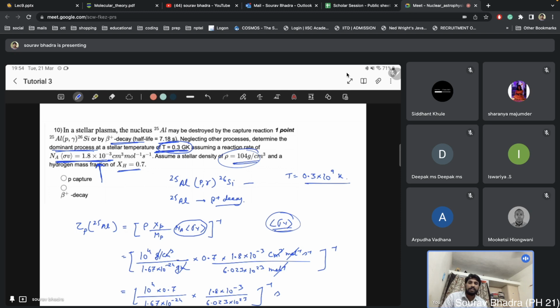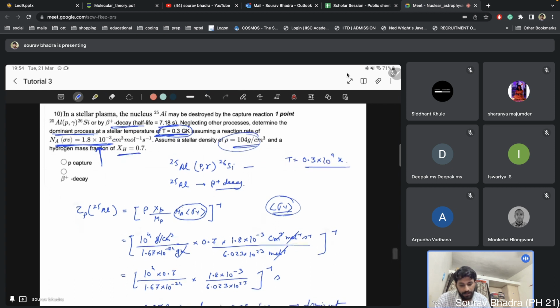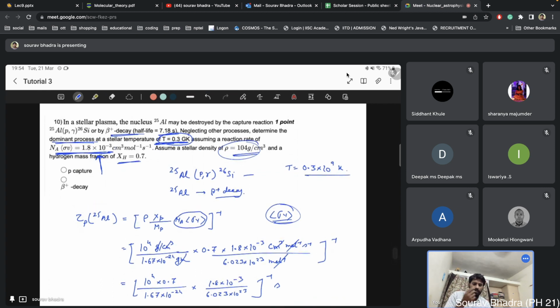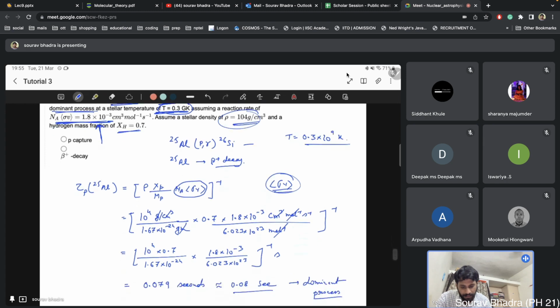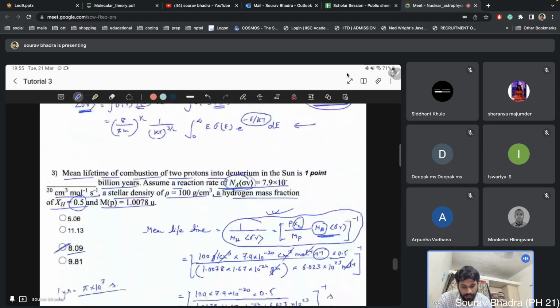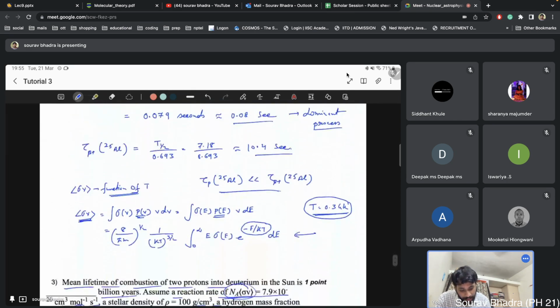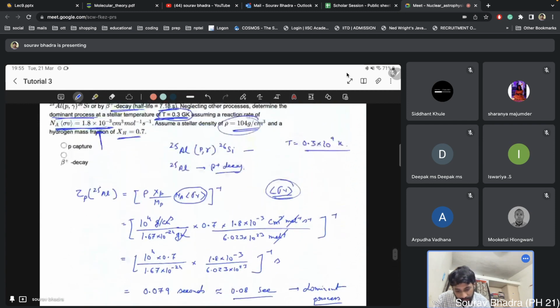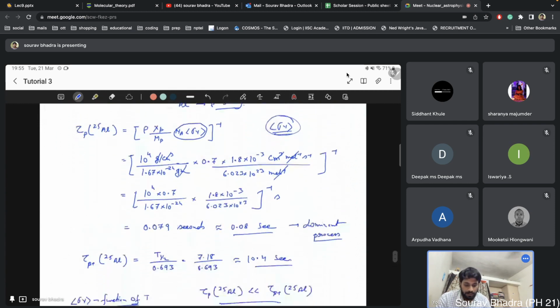For this question it is given so that it is easier, we don't have to look for any value of T, but the point I wanted to make is that this T is implicitly in the value of Na sigma v, which is hidden there. That's why I took this problem. When I was doing the problem, I was also confused why this T is given here, but it has been implicitly accounted for. So what is the answer? That proton capture will be dominant.